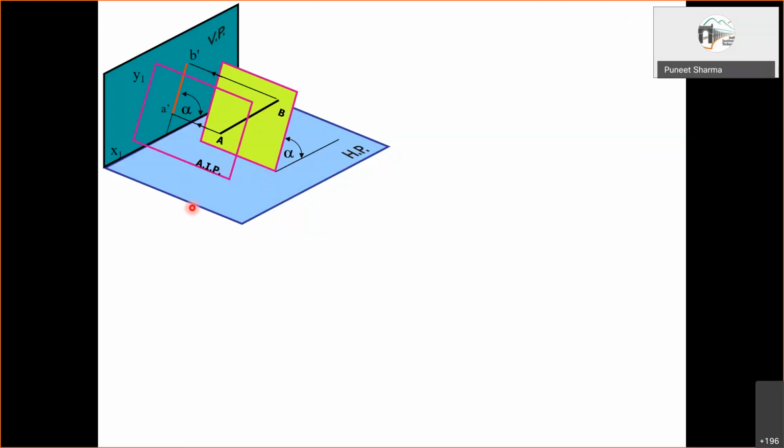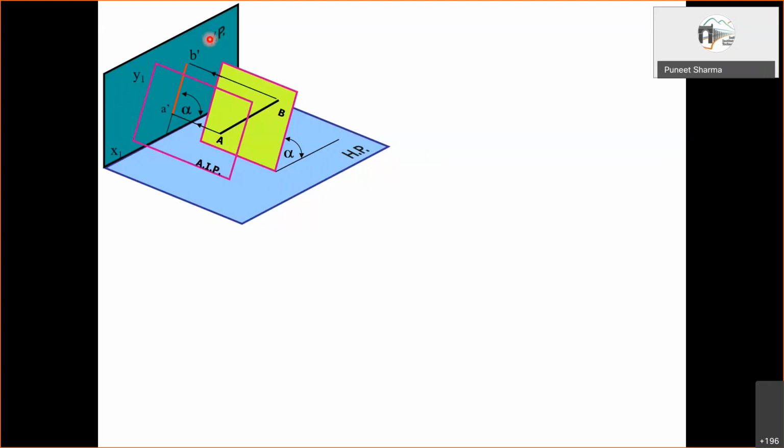Secondly, one more fact we observe is this A dash B dash front view, whatever inclination alpha it is making with the XY line, this AIP is making the same with the horizontal plane. Then the projection of this AIP on the vertical plane is a single line. If we call the intersection of AIP and vertical plane the new XY line, then this new XY line you see is parallel to this A dash B dash.